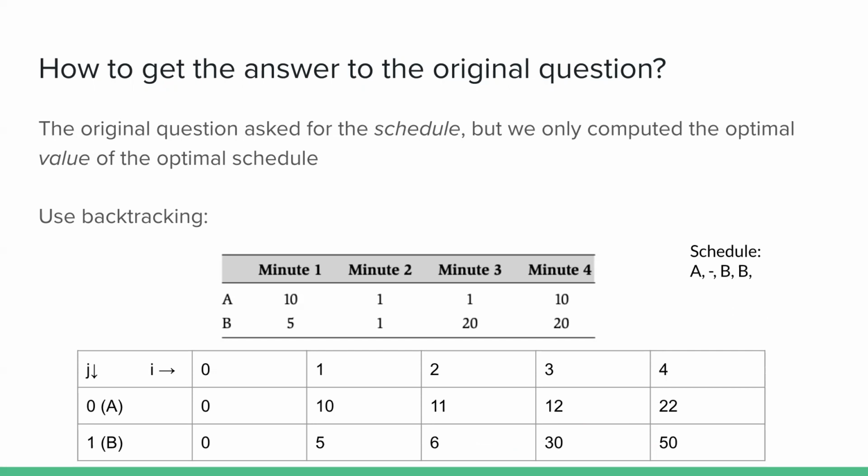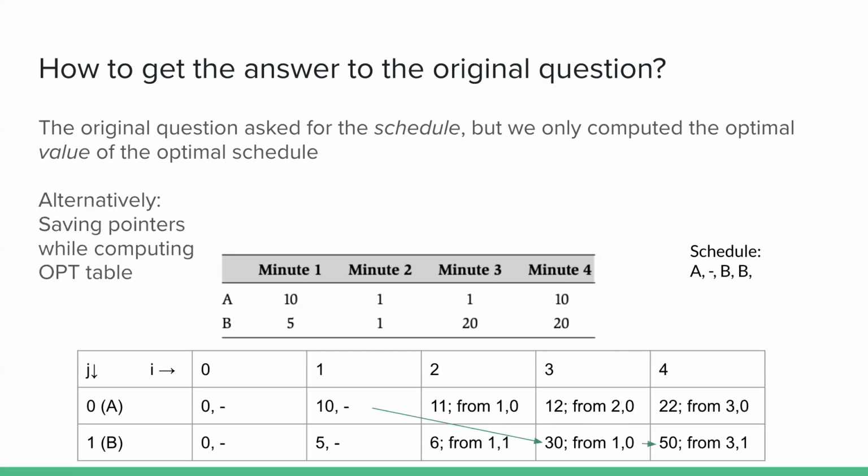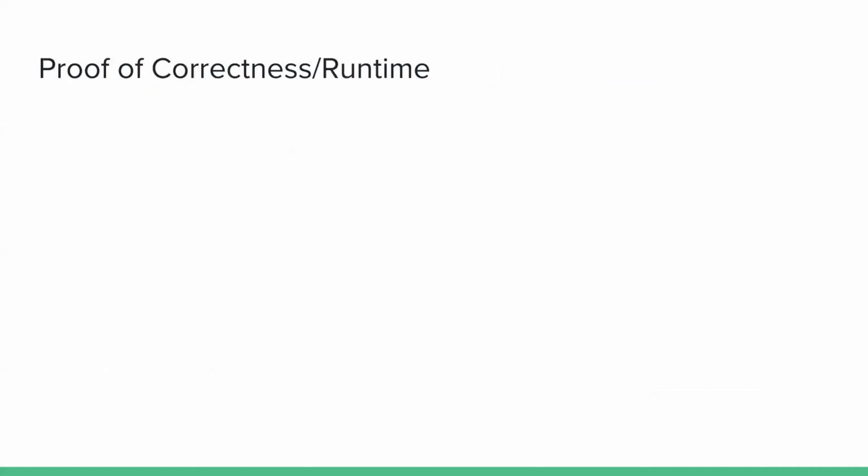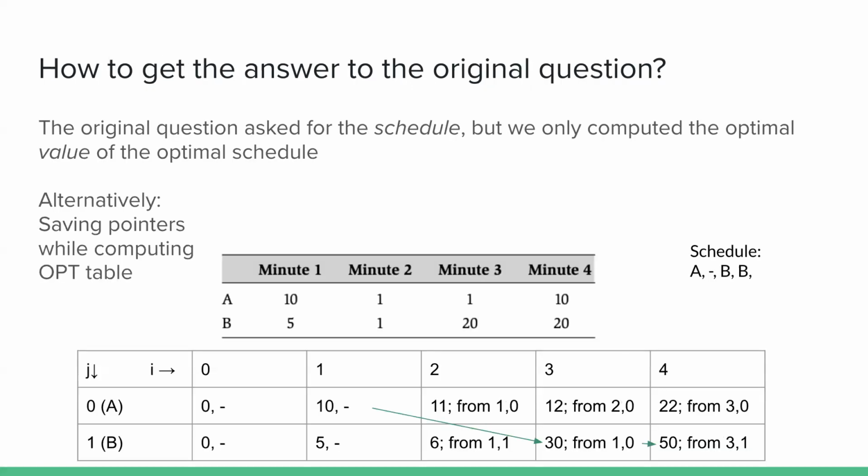Alternatively, you could use a back pointer, which is next slide. Using a back pointer, you need to store which one you're coming from in your table, or you could start a new table of the back pointers, and then you just look up the back pointers as you go back. So it's a trade-off between memory and time: this lookup will be O of 1 time complexity, but you need additional memory to store it.